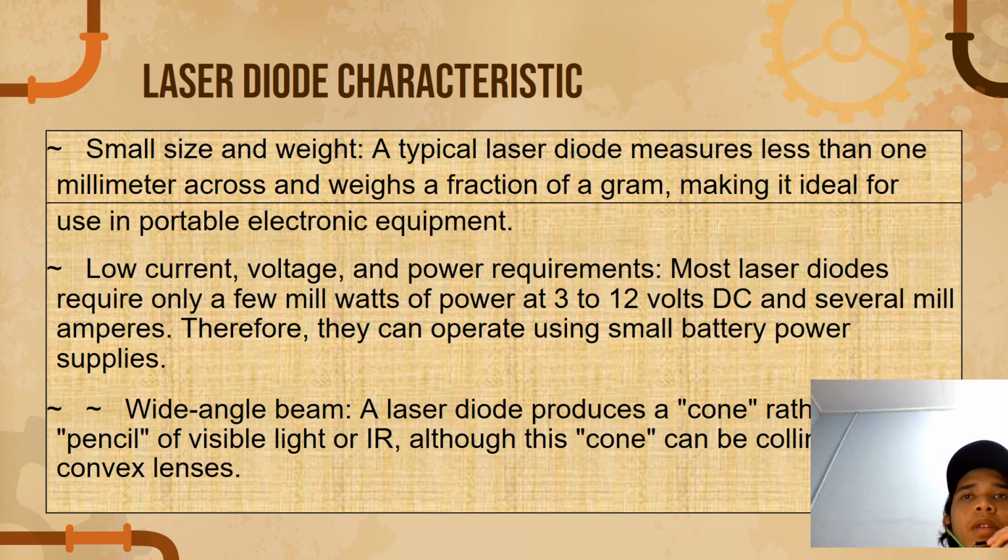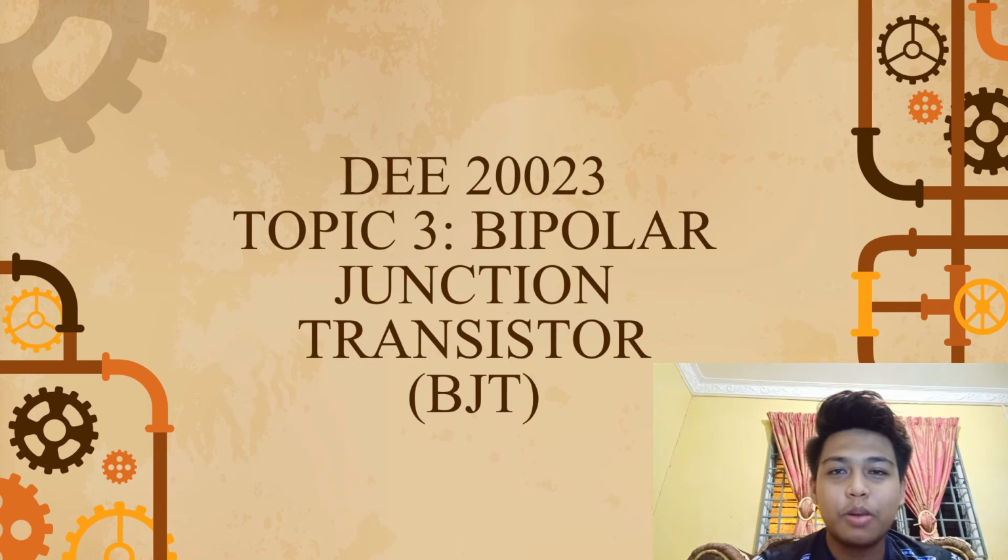Therefore, they can operate using small battery power supplies. The last one is wide angle beam. A laser diode produces a cone rather than a pencil of visible light or IR, although this cone can be cool-limit using a convex lens.